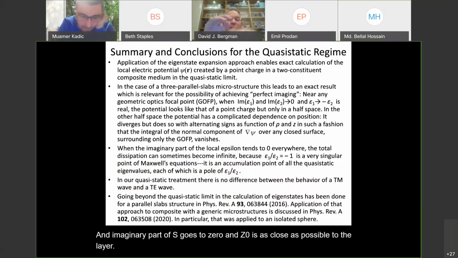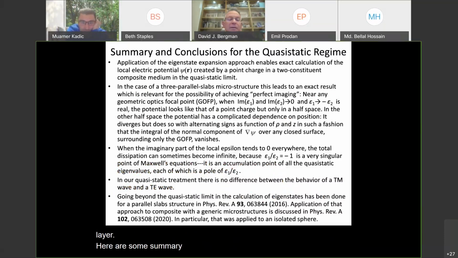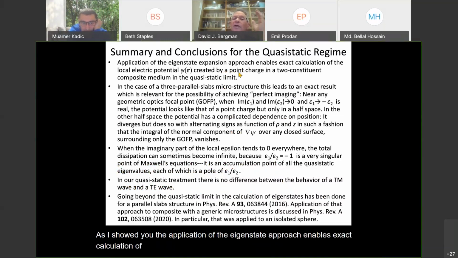Here are some summary and conclusions for the quasi-static regime. As I showed you, the application of the eigenstate approach enables exact calculation of the local electric potential created by a point charge in a two-constituent composite medium in the quasi-static limit.